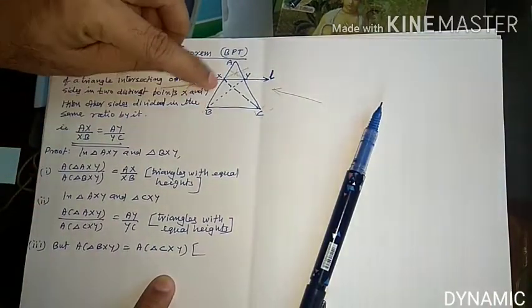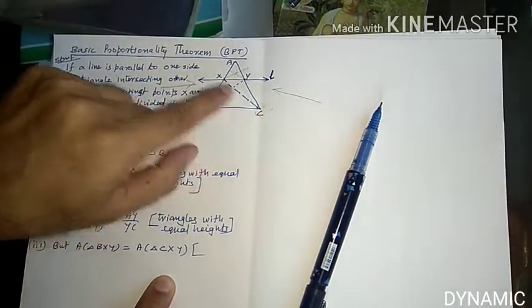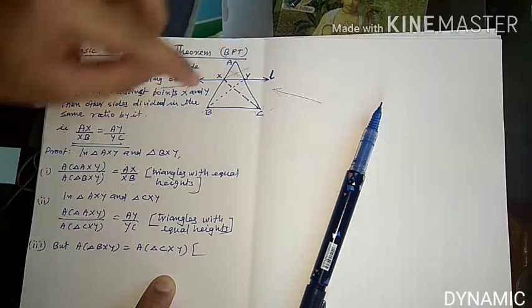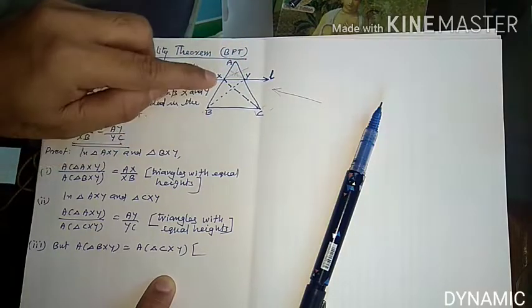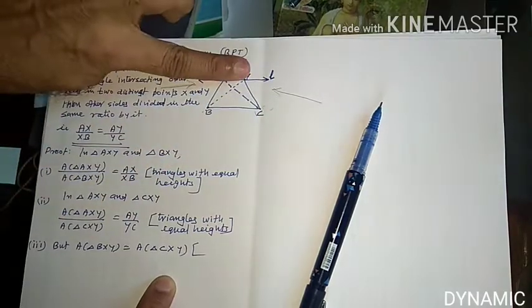Triangles BXY and CXY have the same base XY.